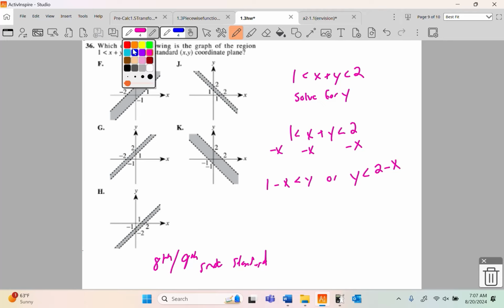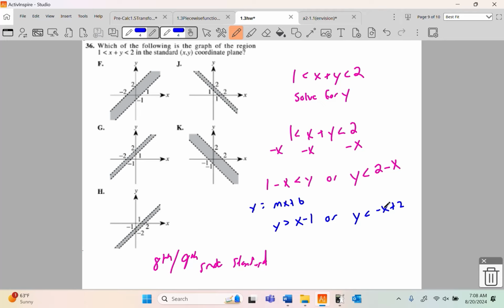Now let's rewrite that in mx plus b form. So this says y is greater than negative x plus 1, or y is less than negative x plus 2. We'll just change the order here. So those are my equations.